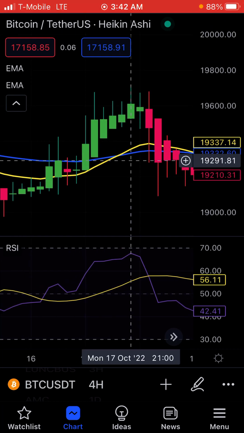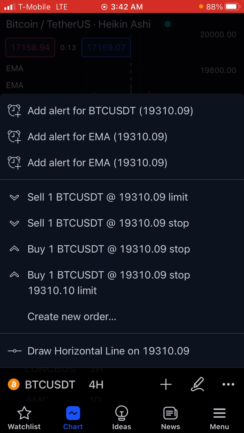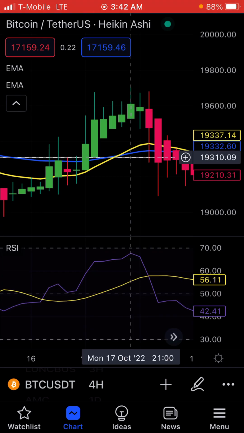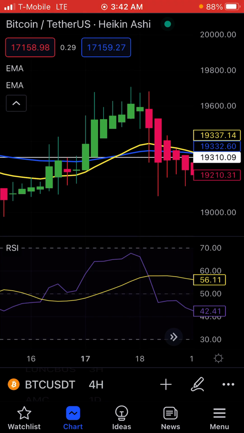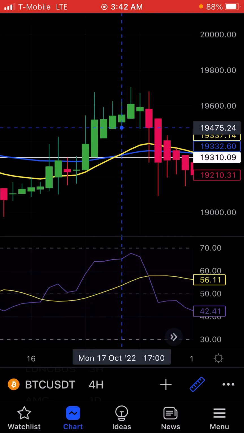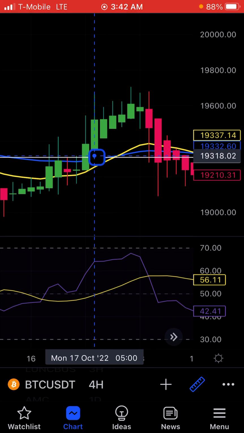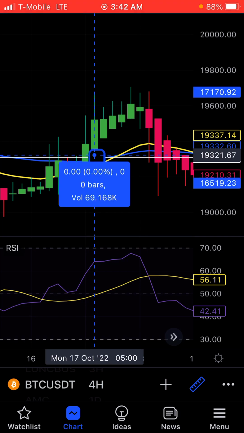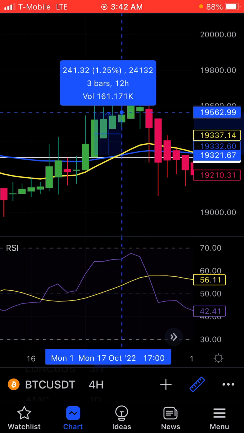So, it crosses right here, draw a horizontal line, and then you'll know your point of getting in. Now, when you're getting in, and especially when you're doing a crypto trade with the 4 hour, make sure your purple line is above the yellow line with the RSI. So let's just go and see.